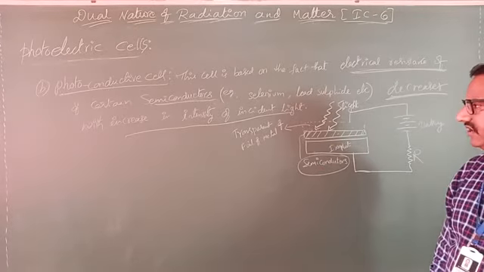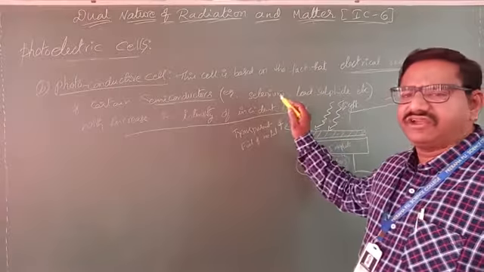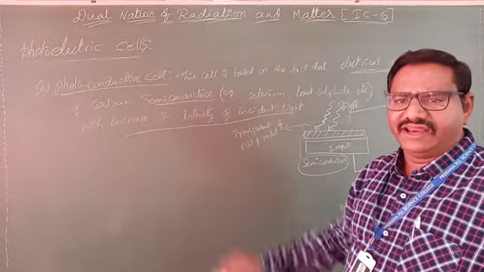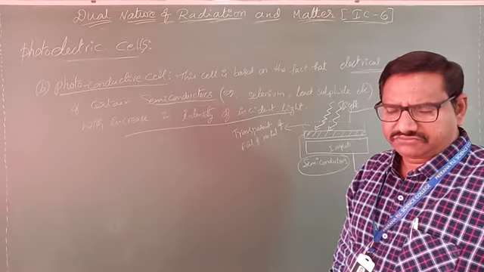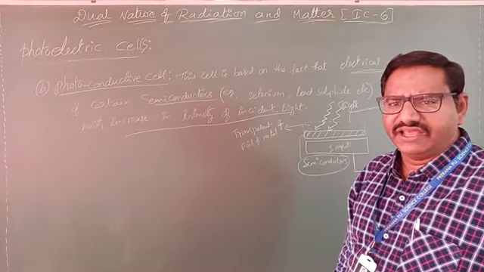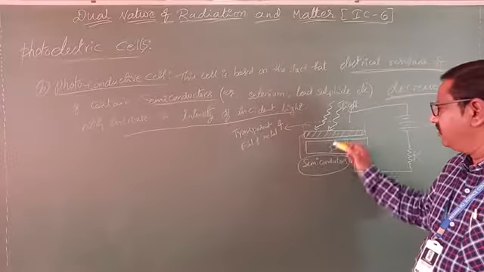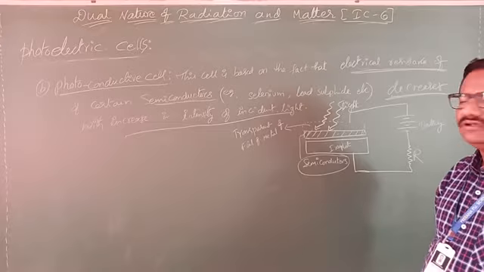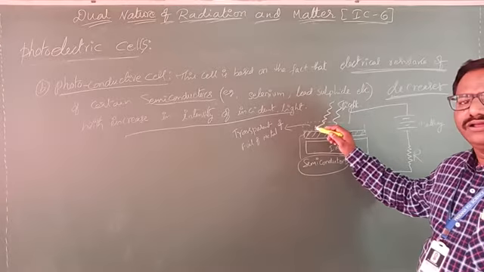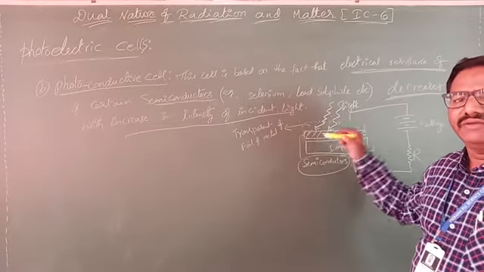Then if the intensity of light increases, what can you observe? You can observe that the photosensitive current increases. But when the light falls, this process doesn't happen immediately.